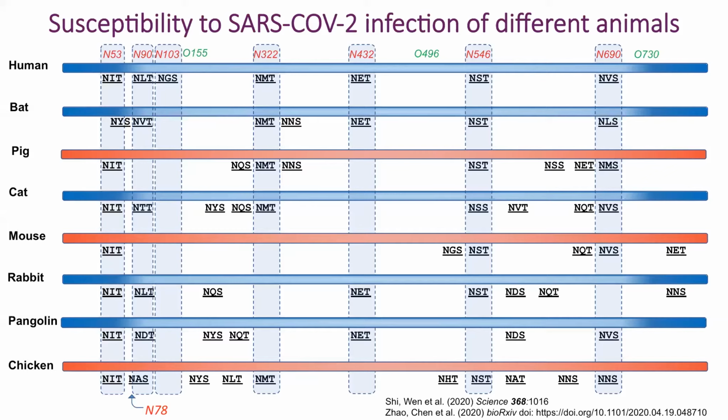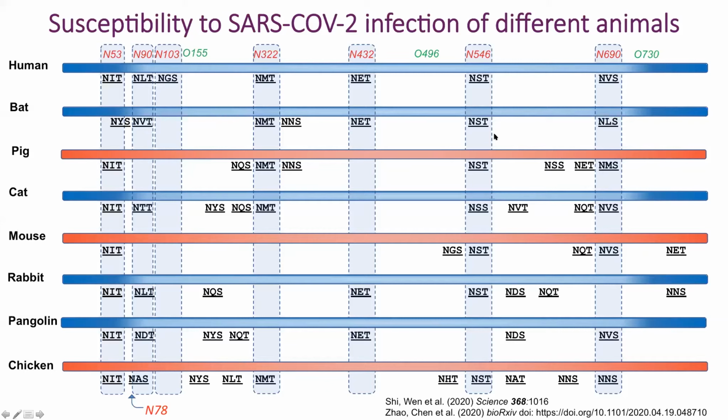There've been a couple of papers showing different susceptibility of animals to SARS-CoV-2. But the conclusions of those papers are that you cannot tell whether an animal is susceptible or not based on just the protein sequence.